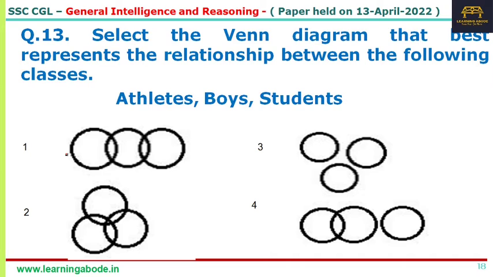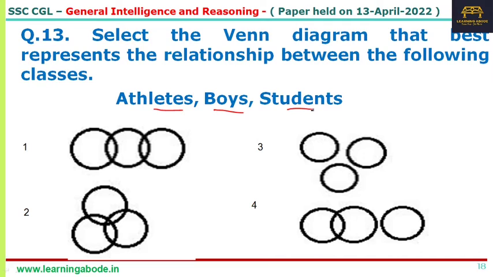Now question number 13, it's Venn diagram based, so you have been given 3 classes: athletes, boys and students. Okay, so see, if you have to find a relationship, now boys can be athletes, boys can be students. At the same time, girls can also be students, but there is some other group.